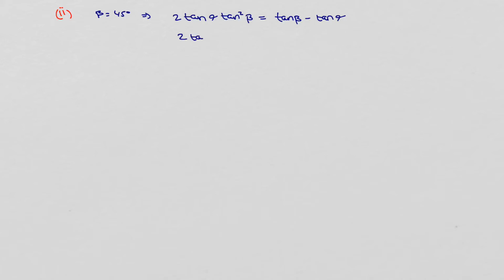So we have 2 times tan alpha, tan beta squared, well that's tan 45 all squared, so always be careful with trig.